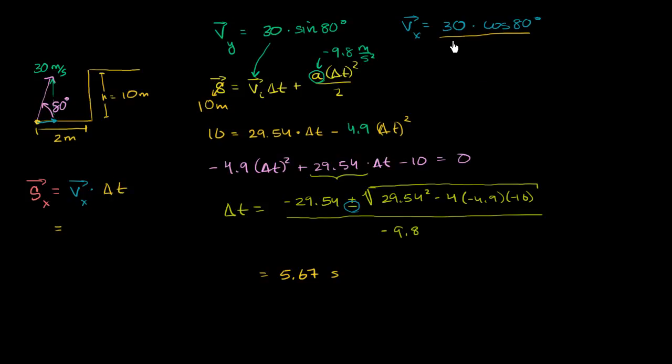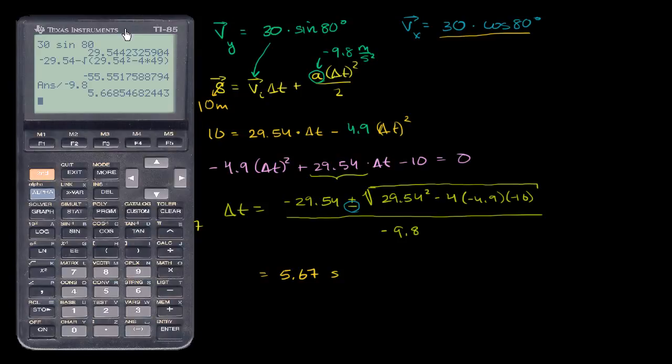So this is equal to 30 cosine of 80 degrees times 5.67 seconds. I won't write the units; this is meters per second times seconds.